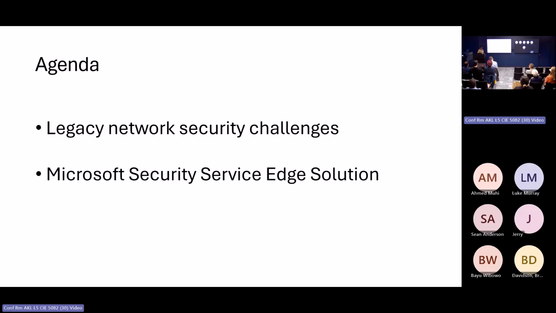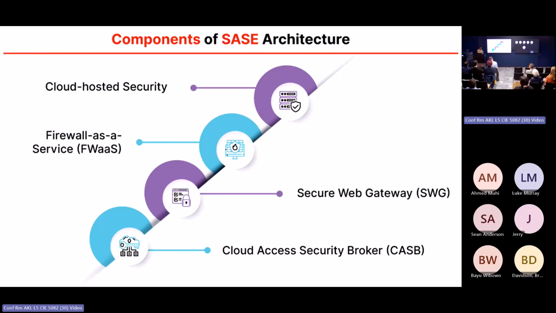Now, before I go into that, I took this picture from Fortinet, to explain this as a component: security service edge. Typically in a normal office environment, you will have your firewalls, proxy, and endpoint solutions just to protect your internal environment.